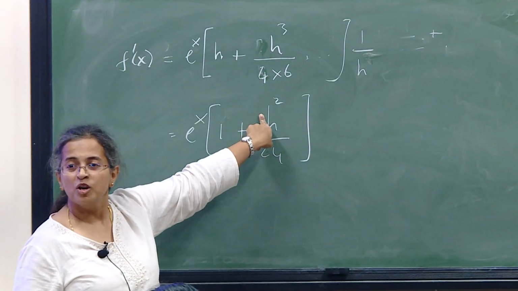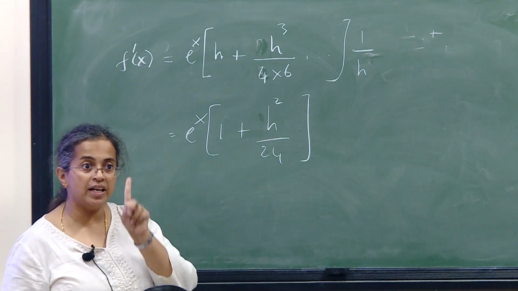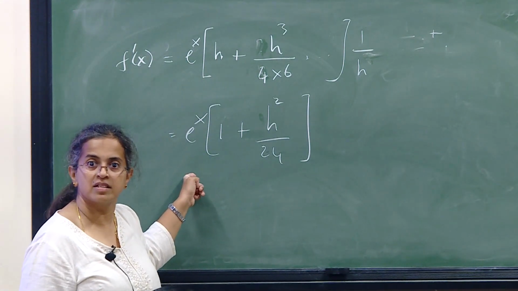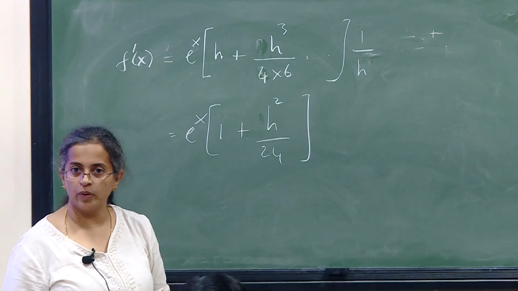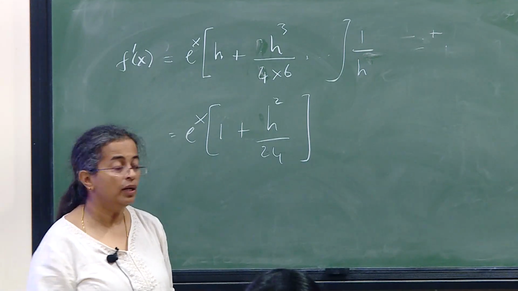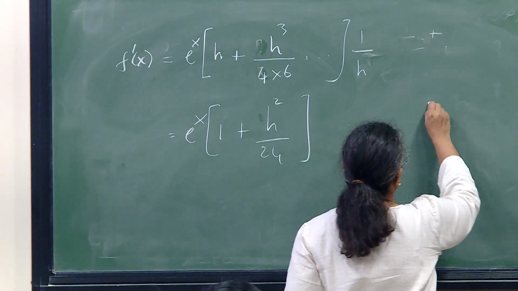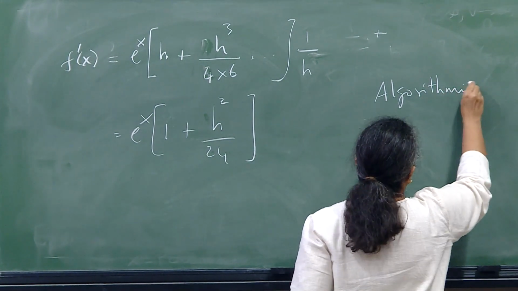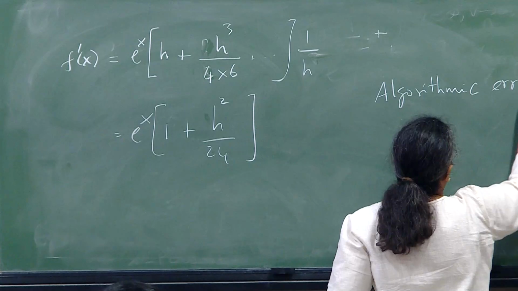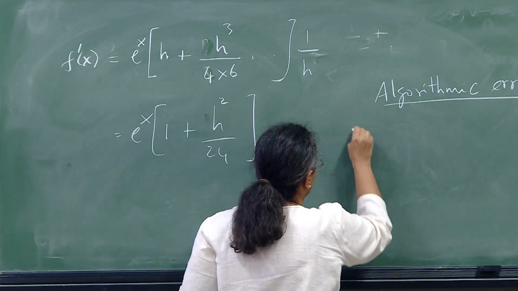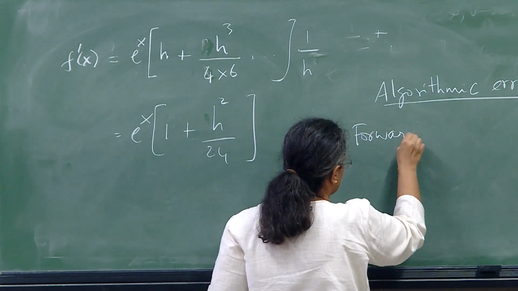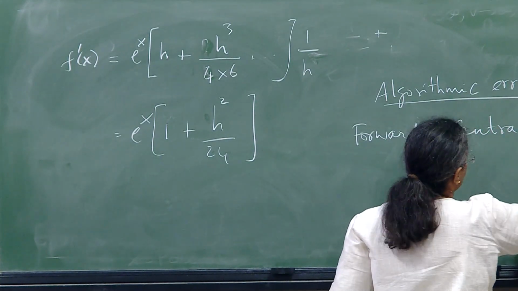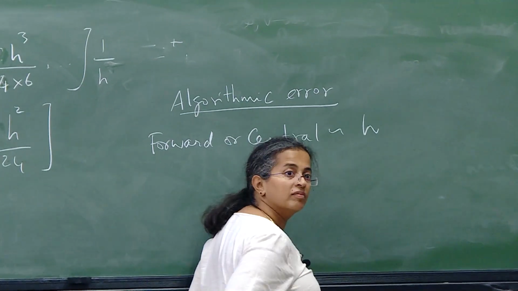It is finite, but it is smaller. Given an h, central difference gives you much more precise answers than forward or backward difference. Because the algorithmic error, so let's write down, in forward or backward difference, because you have to subtract the exact, it goes as h.